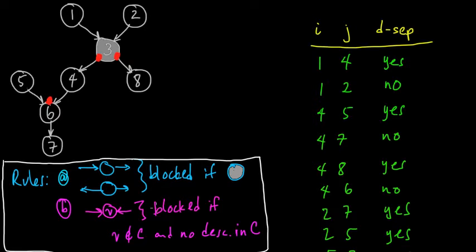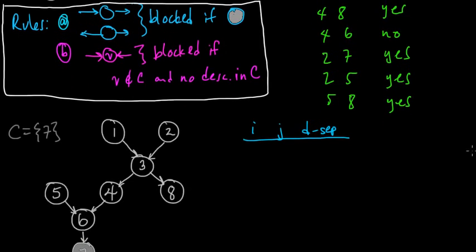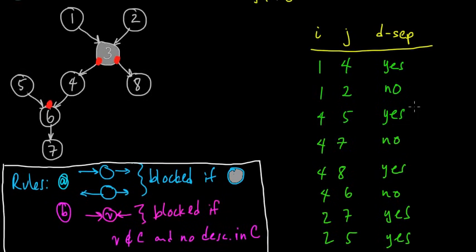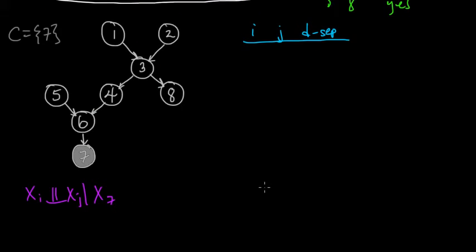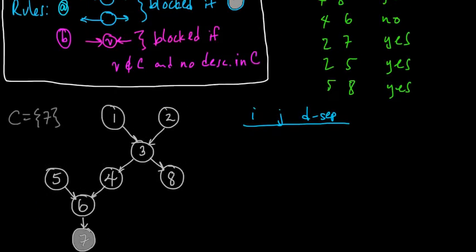So let's do the same thing and see what happens. We put a stop sign if it was a tail at a vertex that was being conditioned on. So let's do that. Oh, well, there's none. There's no tails that are at 7, that's the thing we're conditioning on.